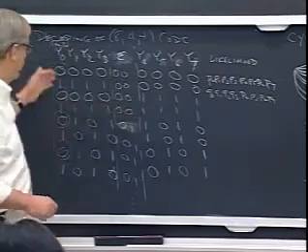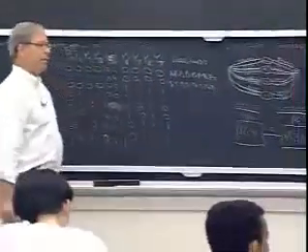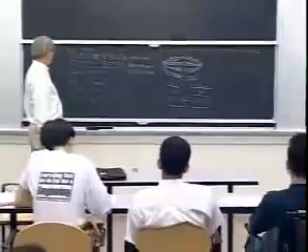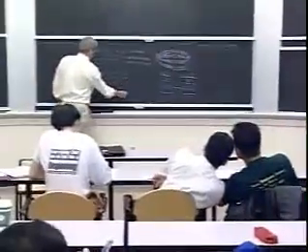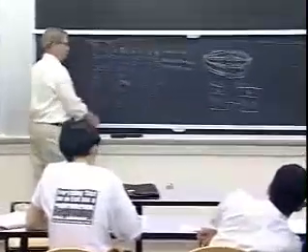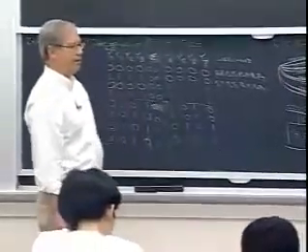All right, so it would be the sum of these 4 things. Yes? What about the other code words? I've only listed half the code words. There's only 8 of the 16 code words. You want me to write the other 8? Okay.